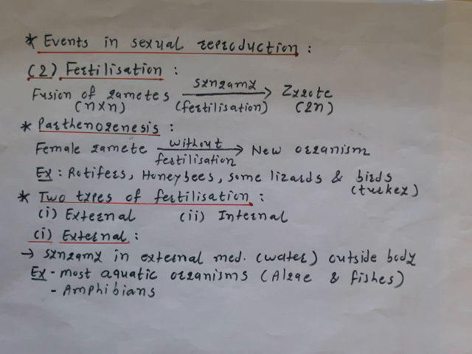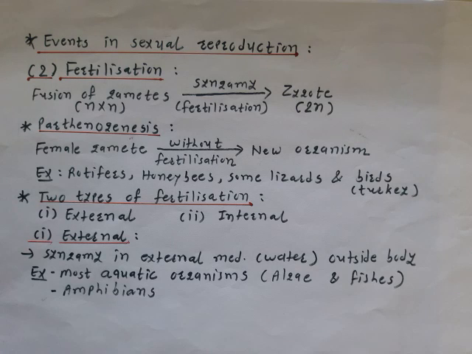During this event, gametes are formed and they are transferred from one place to another for fusion purposes. After this first event, the pre-fertilization event, the second event takes place, known as the fertilization event. Exactly what is fertilization? In sexual reproduction, the fusion of gametes, meaning male and female gametes undergoing a fusion process, is known as fertilization or syngamy.